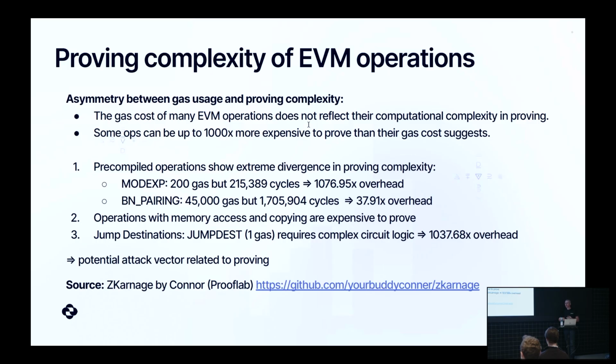What if a proposer would on purpose build a block which is impossible to prove in real time? Even once Ethereum goes full ZK, with consensus and execution based on ZK, it's a potential attack vector. All this data can be found in Kev's repo, the ZK Carnage repo.